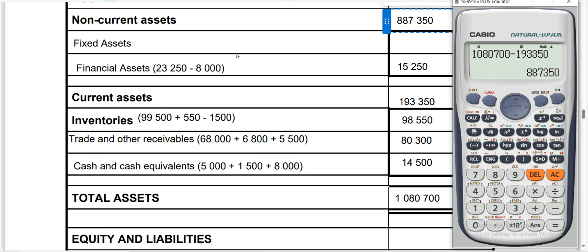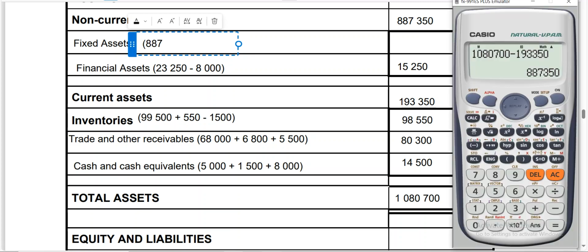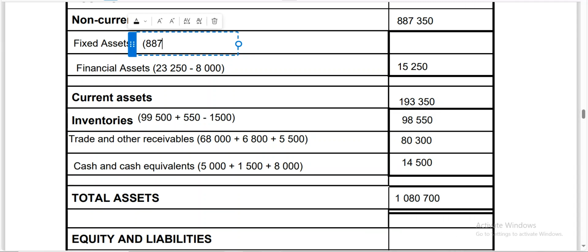So we're going to take this total in brackets. Remember, it's a balancing figure. We know that whatever we're supposed to get here, when we add it to this, it will give us this. So we're going to say 887,350, then we subtract 15,250.